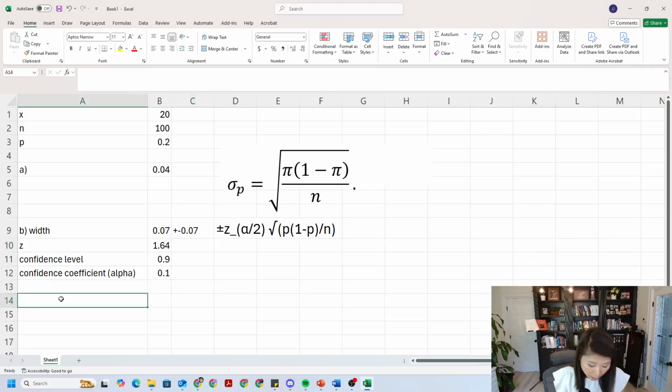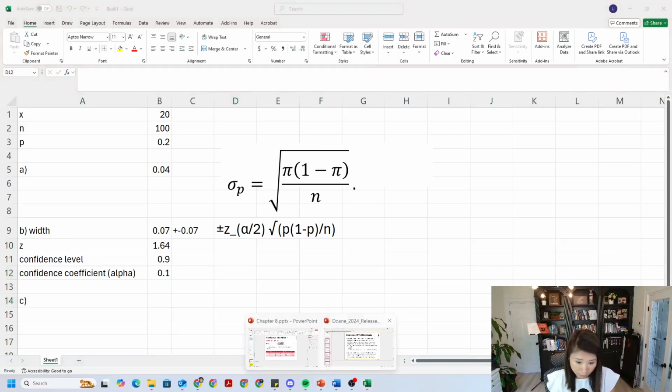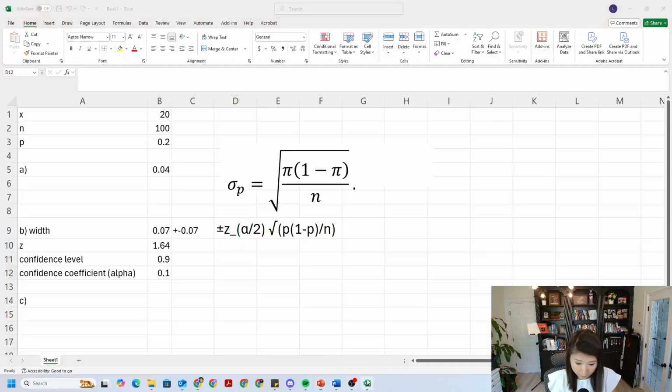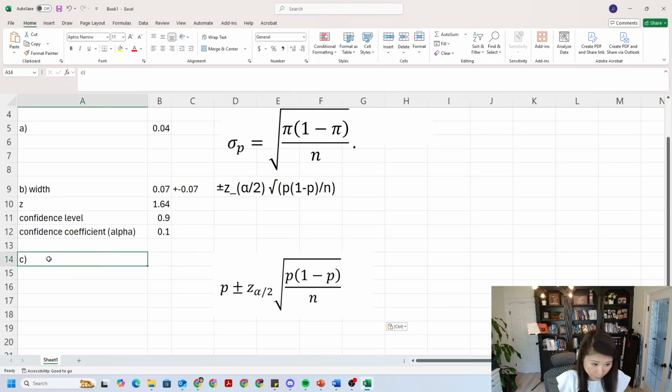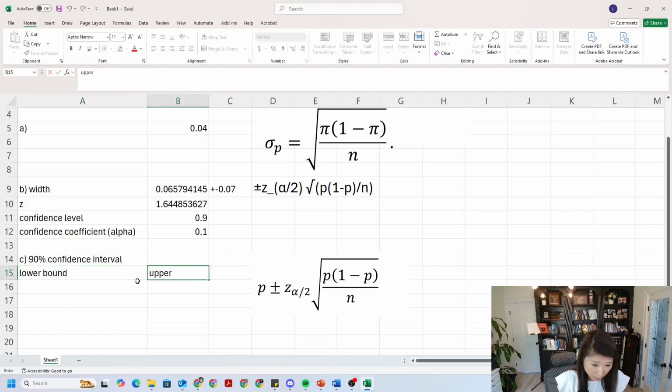Now question C is literally asking for the confidence interval. If that's the case, we just need this formula. For the 90% confidence interval, we are able to directly use the formula on the right-hand side, for the lower bound and then the upper bound.